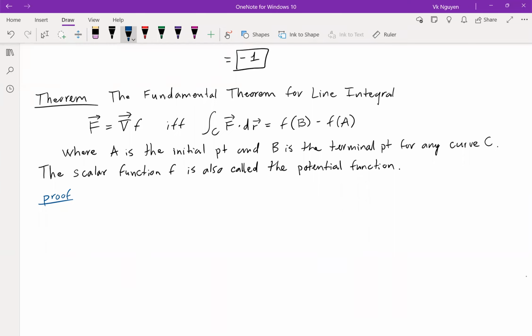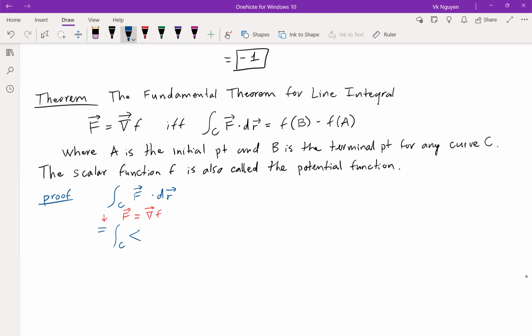Line integral of F dot dr over the curve C, where F is the gradient vector.